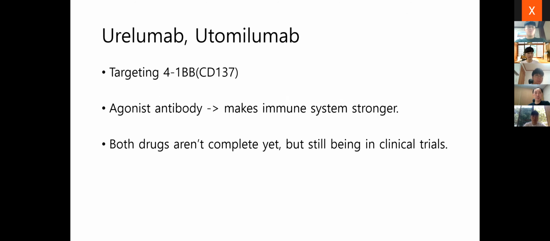This kind of agonist antibody makes the immune system stronger. In the video clip, agonist antibody was introduced very briefly, and both urelumab and utomilumab are not complete yet, but are still in clinical trials.